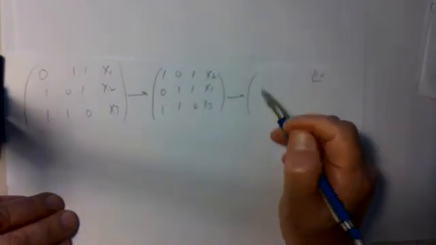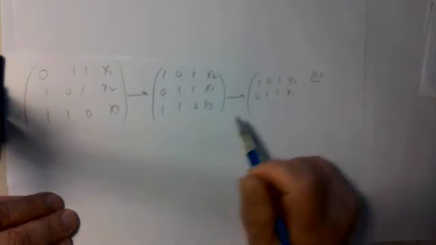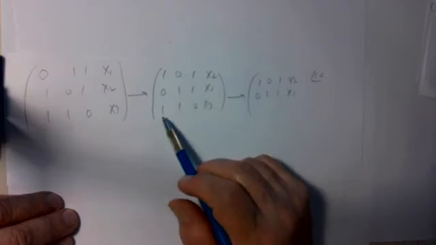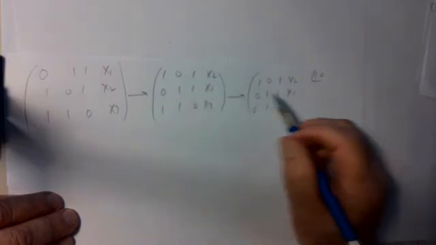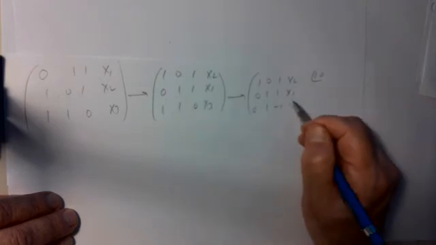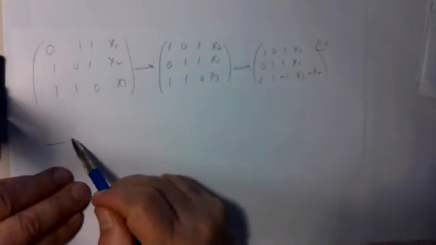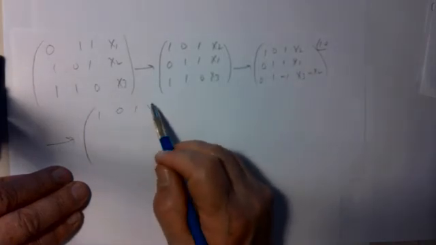And then I take the third row minus the first row. 1 minus 1 is 0. 1 minus 0 is 1. Minus 1, x3 minus x2. And then I have my first row, which looks good at the moment.